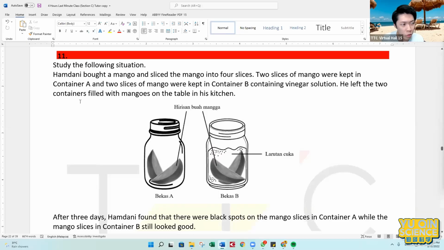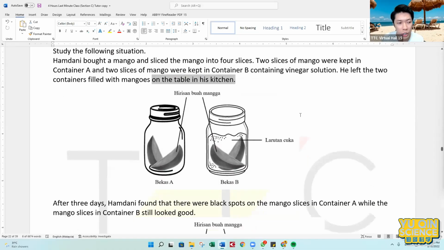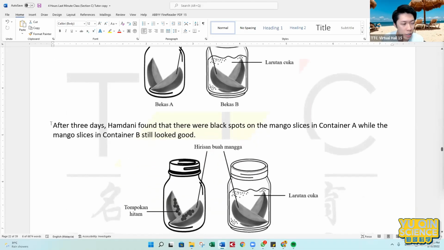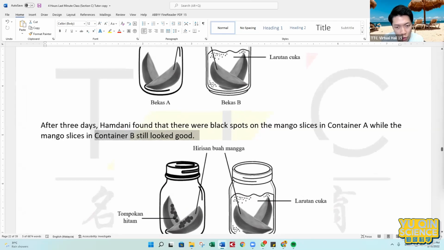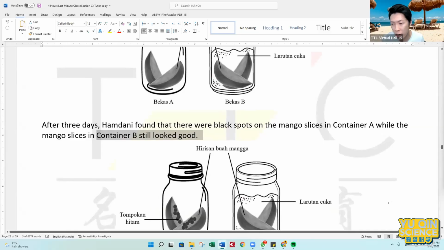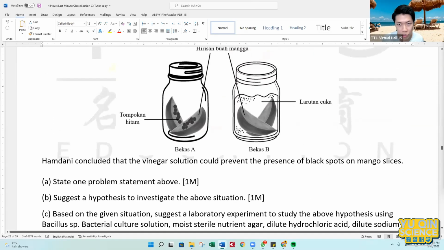He put the 2 containers filled with mangoes onto the table in his kitchen. After 3 days, Hamdani found that there were black spots on the mango slices in A, but B looked good, no rotting, no microorganisms or fungus. That's the story.